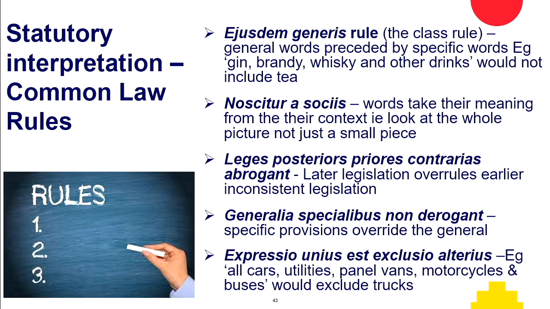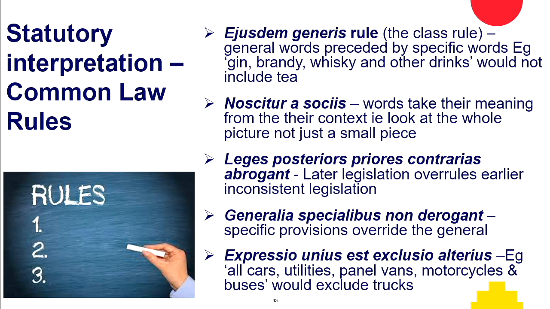So here we've got gin, brandy, whiskey, and other drinks. We can see that the general class of those words is alcoholic drinks. We know then that it's unlikely to include tea, coffee, or water. The legislation is designed to address those specific drinks that are alcoholic in nature.